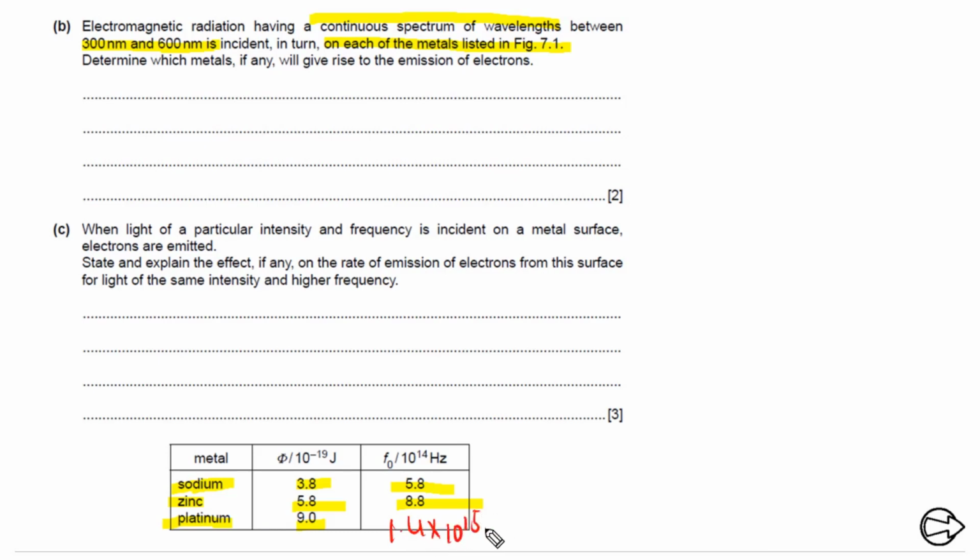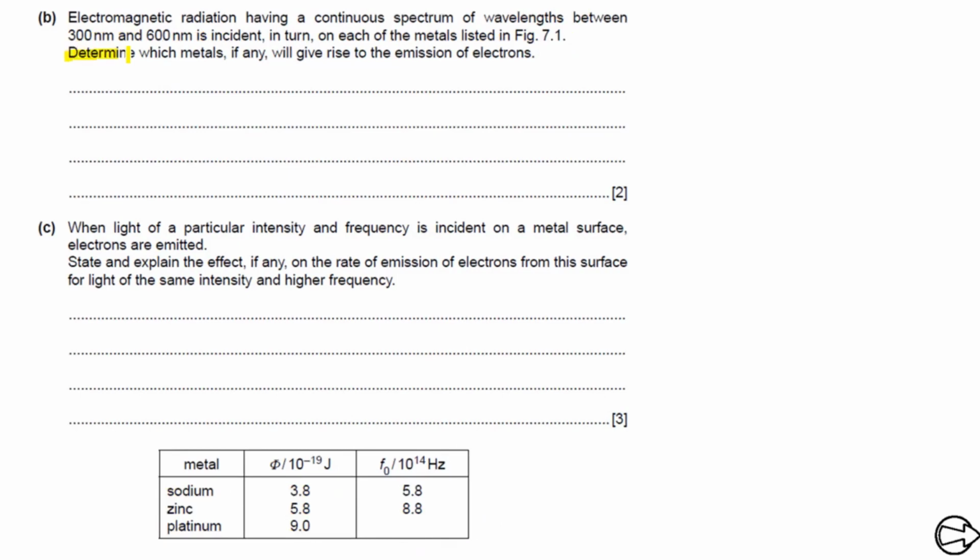For this question, we simply need to determine which metals, if any, will give rise to the emission of electrons. The first thing we need to understand is the basic condition for the emission of electrons from the surface of any metal.